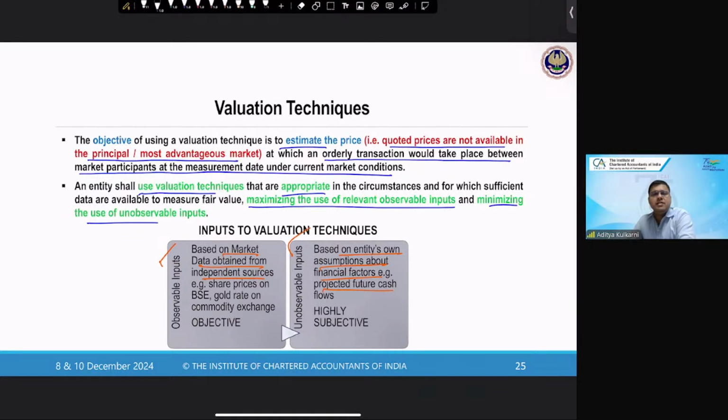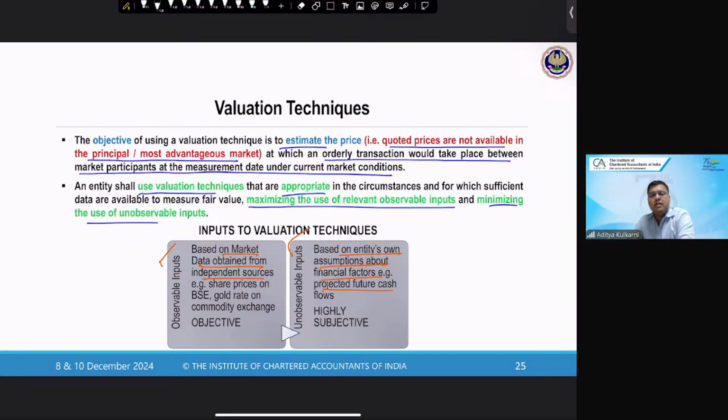The most advantageous market is that market which maximizes the net proceeds for the entity. Now, what are net proceeds? Net proceeds is nothing but your expected selling price minus the transportation cost minus the transaction costs. The market where your net proceeds are highest becomes your most advantageous market.